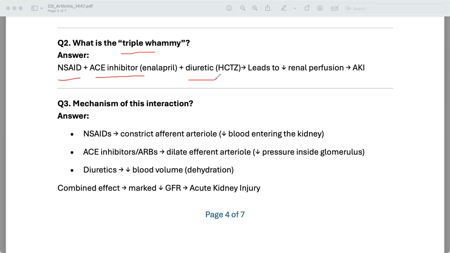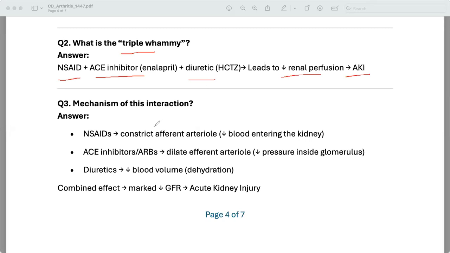If the patient takes these three drugs at one time, this interaction leads to decrease in the renal perfusion, and that leads to the acute kidney injury. And this effect is called triple whammy.